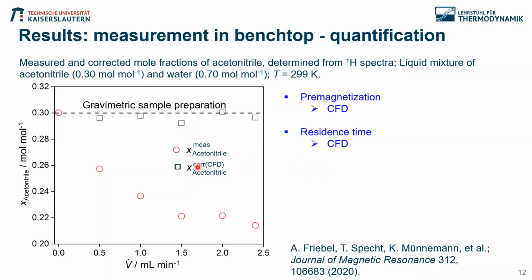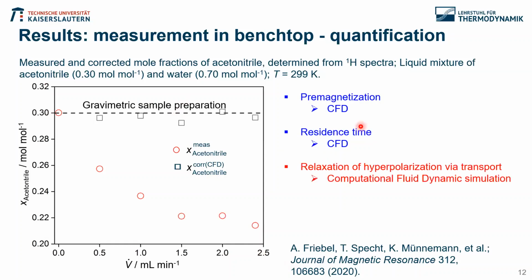We are able to account for the T1 relaxation by computational fluid dynamics, but still we have the problem that we have different enhancements for different molecules. That depends on the different correlation times of the specific molecules with the radicals, and that's an inherent problem in Overhauser DNP.